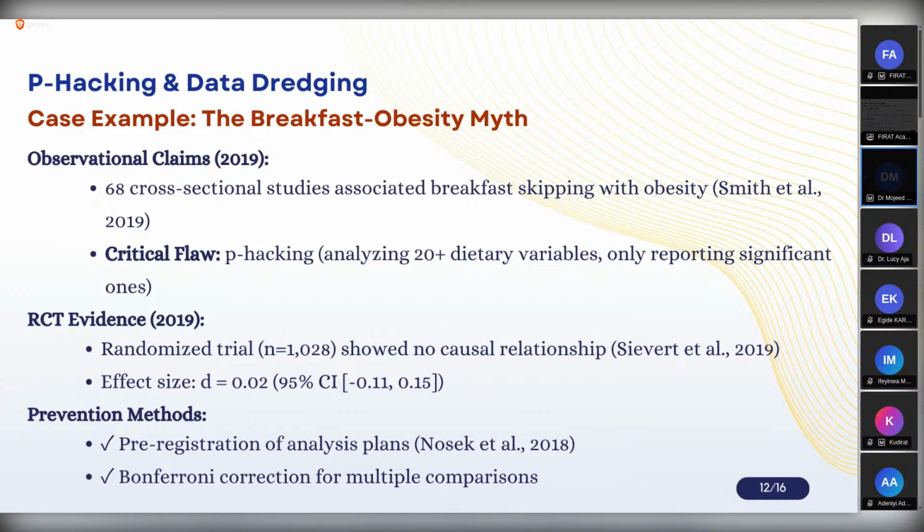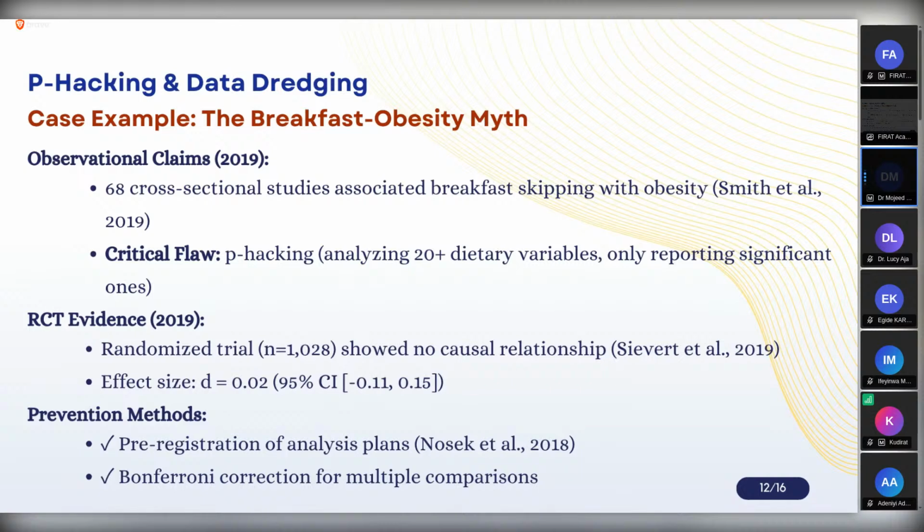Let's look at what RCT evidence showed in the same year. Randomized control trials of 1,028 patients showed no causal relationships. There was no causal relationship between skipping breakfast and developing obesity. So that is it. So how do we prevent P-hacking?